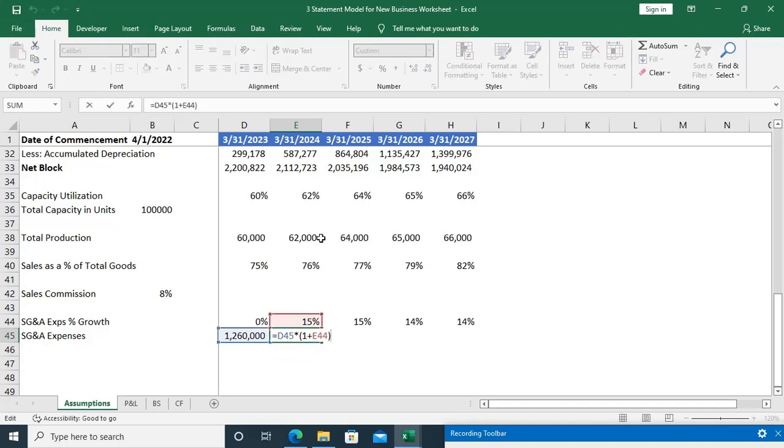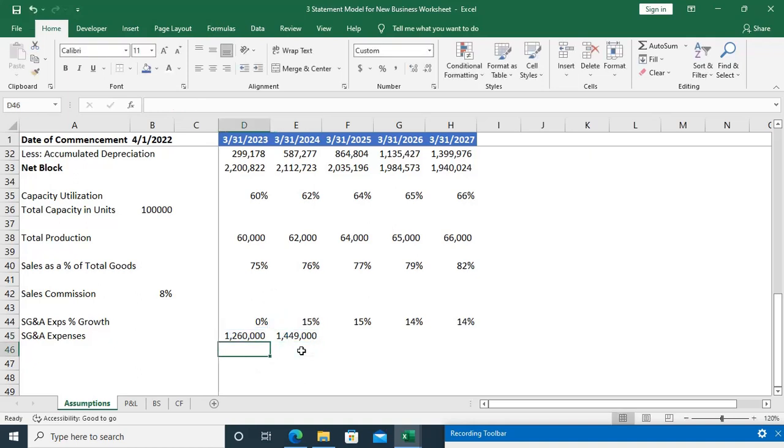Yes. So what I did is that for SG&A expenses, I took this amount, that is SG&A expenses, I multiplied it with 1 plus 15%, and I got the result, which is actually the main formula, right?